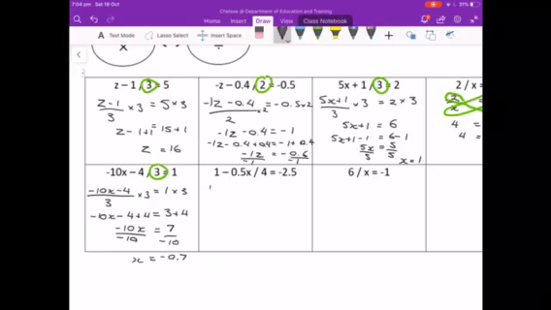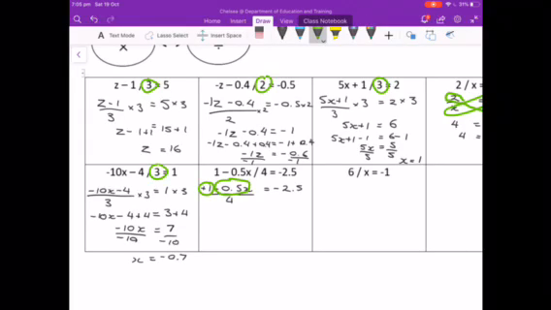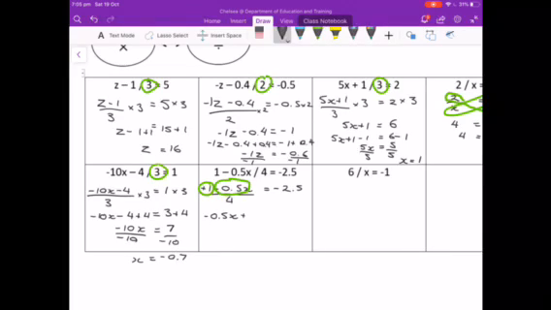1 take 0.5x divided by 4 equals negative 2.5. Now these are starting to get a little more complex. Like I showed you in that video, I'm going to switch these around, and we're left with negative 0.5x plus 1 divided by 4 equals negative 2.5. Now you don't have to do that, that just works for me. Now the opposite of dividing by 4 is timesing both sides by 4.